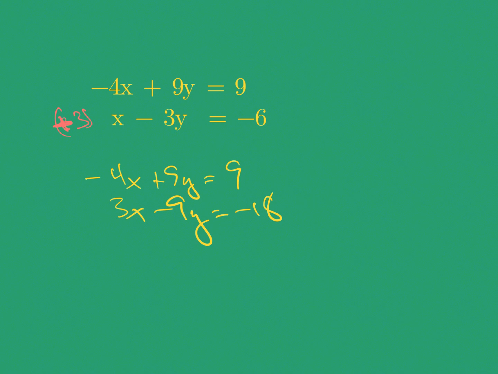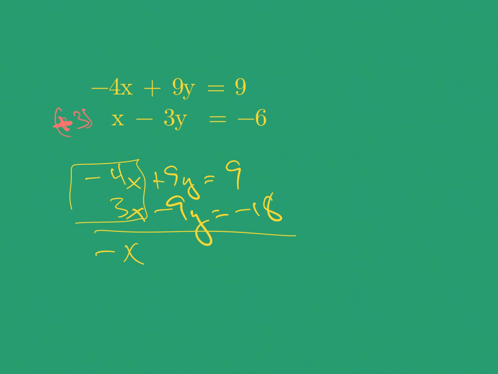You can do anything you want to an equation as long as you do it to everything in the equation. We multiplied the whole bottom equation by 3. Draw your line. What's negative 4x plus 3x? Negative 1x.